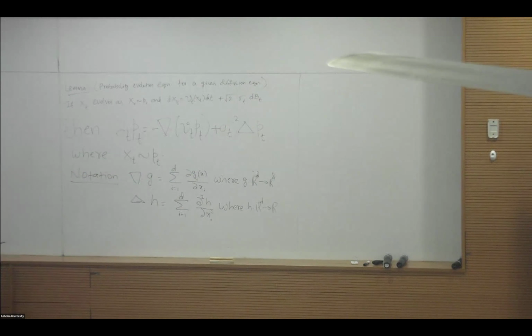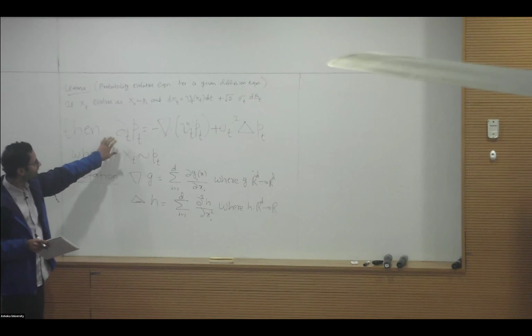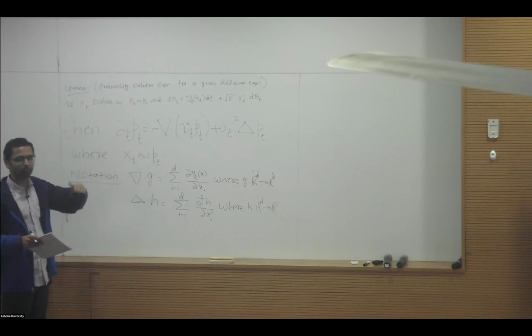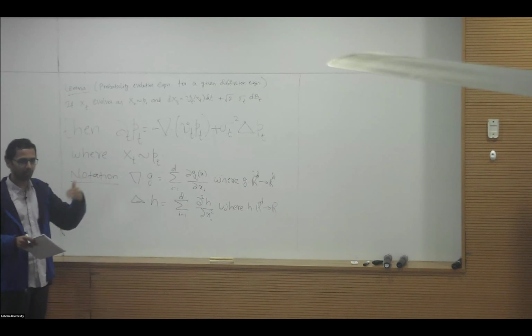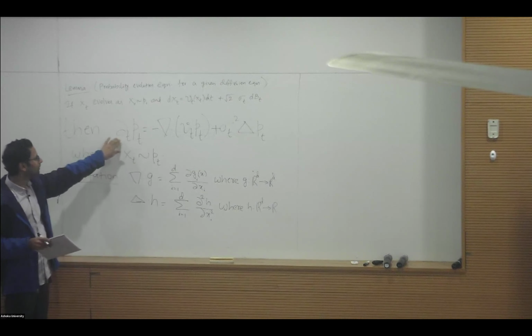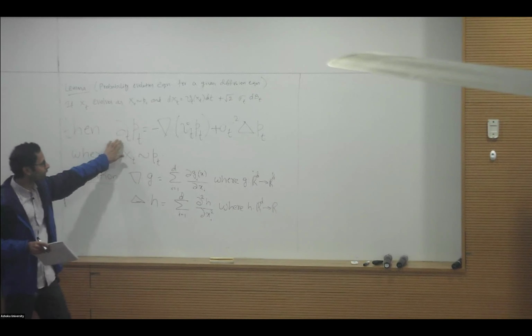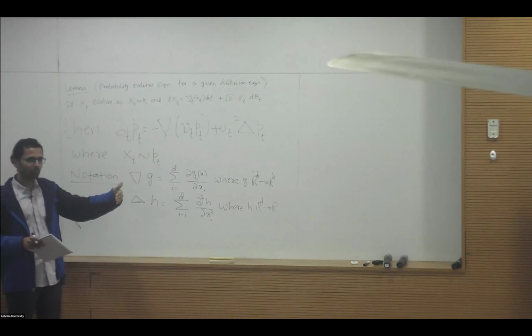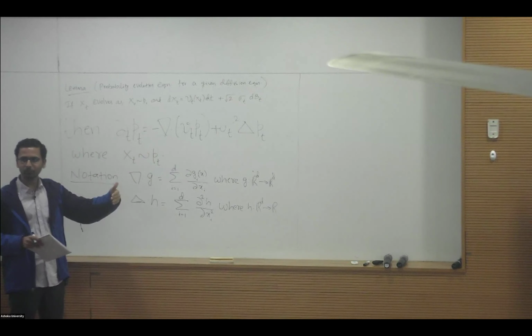The reason this is important is that it tells us how the probability distribution evolves. Because we want to ensure that the final probability distribution is our target distribution, this will make it easier for us to verify under what conditions on Vt our P star will be the invariant distribution. Firstly, the target distribution has to be invariant, because if we keep running this, we should not move from the target distribution.